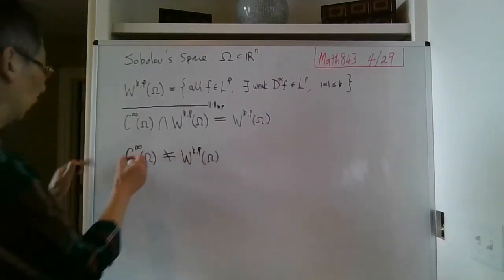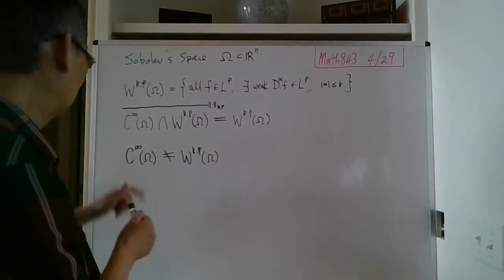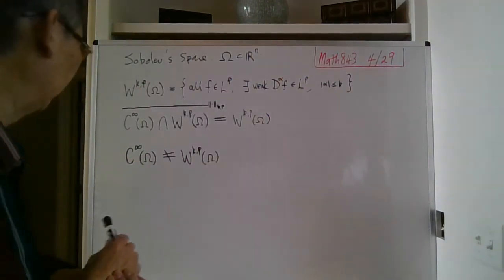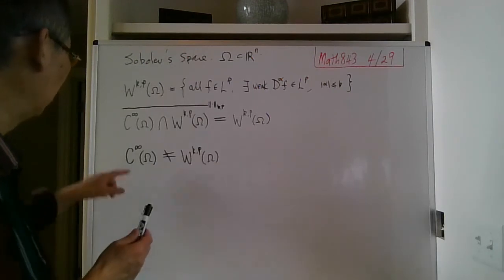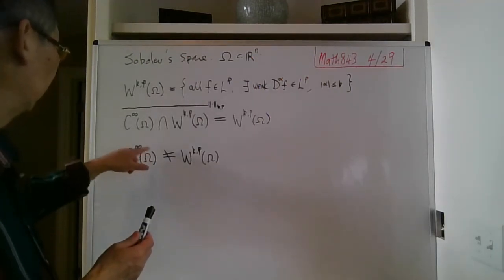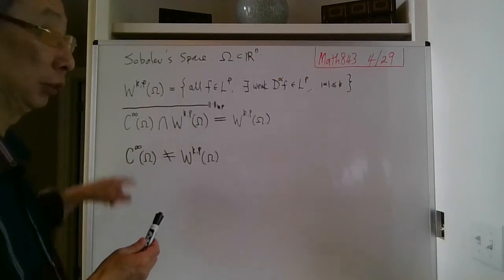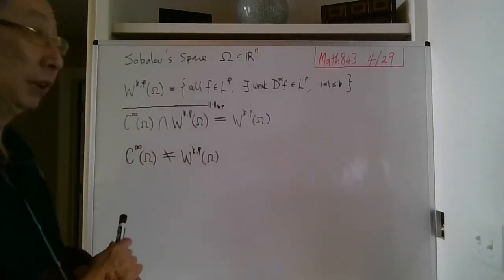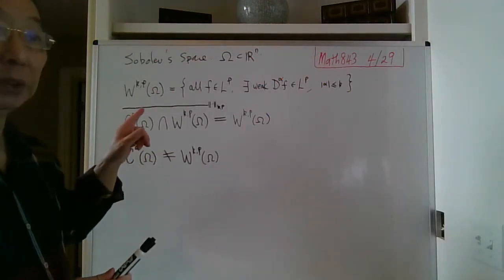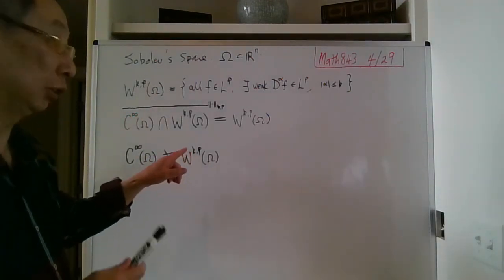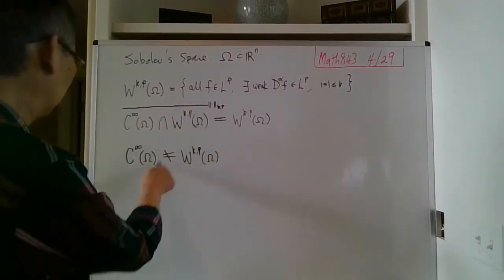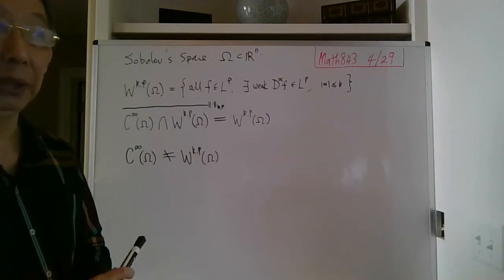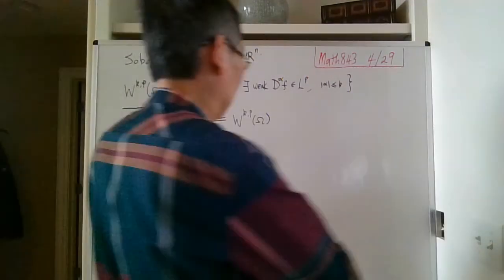The reason is, even though the functions in the C infinity space are sufficiently smooth and carry infinite order of derivatives, near the boundary this kind of C infinity function may blow up. Therefore, a function in C infinity may not even be in the L^p space, not to mention its derivatives. So normally this space itself is not going to be inside that.